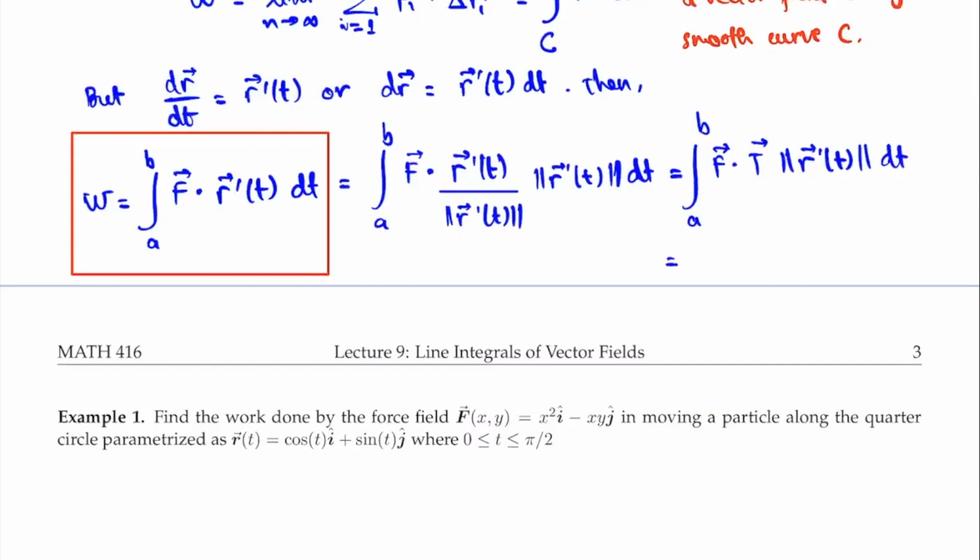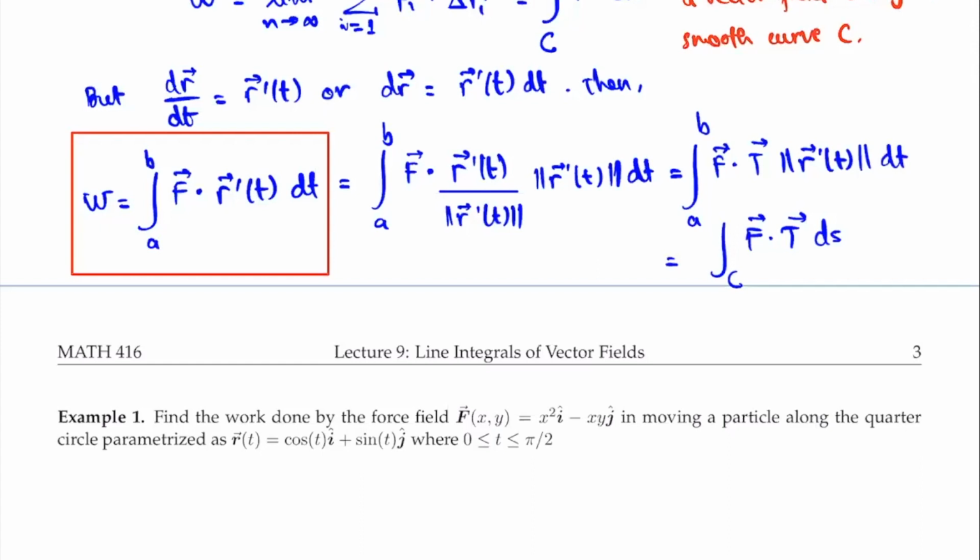So here, f dot with t ds. With the idea again that we're going to apply the arc length functions that we covered in, I say, like lecture 4. So the magnitude of r prime of t times dt is actually equal to ds. You with me on that?